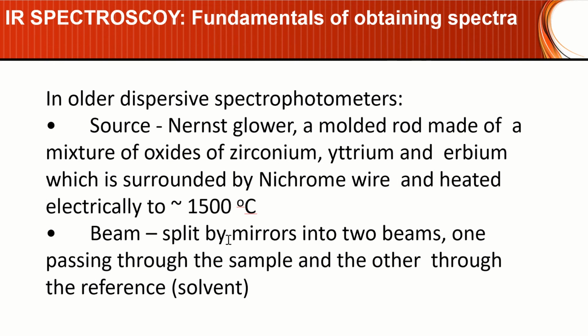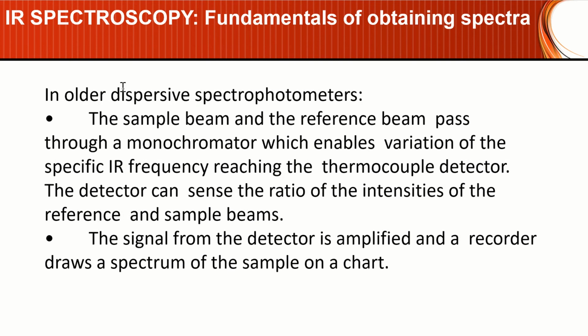A beam is split by mirrors into two beams, one passing through the sample and the other through the reference, which is usually a solvent. The sample beam and the reference beam pass through a monochromator, which enables variation of the specific IR frequency reaching the thermocouple detector. The detector can sense the ratio of the intensities of the reference and the sample beams. The signal from the detector is amplified, and a recorder draws a spectrum of the sample on a chart.